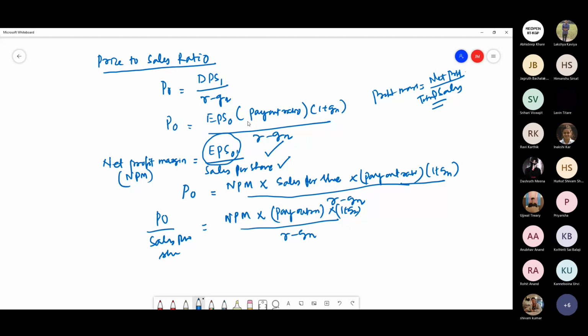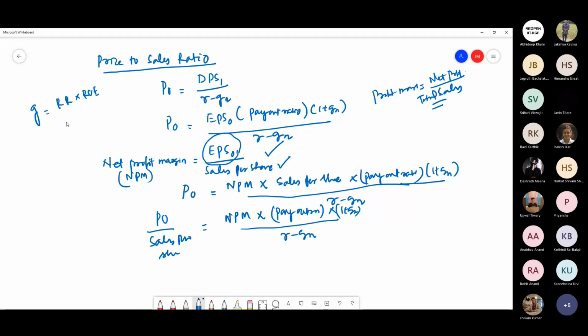So that's why the profit margin can also be defined in terms of the growth rate and the retention ratio of the company. I'm going a little bit deeper. Your g is equal to your retention ratio into ROE.